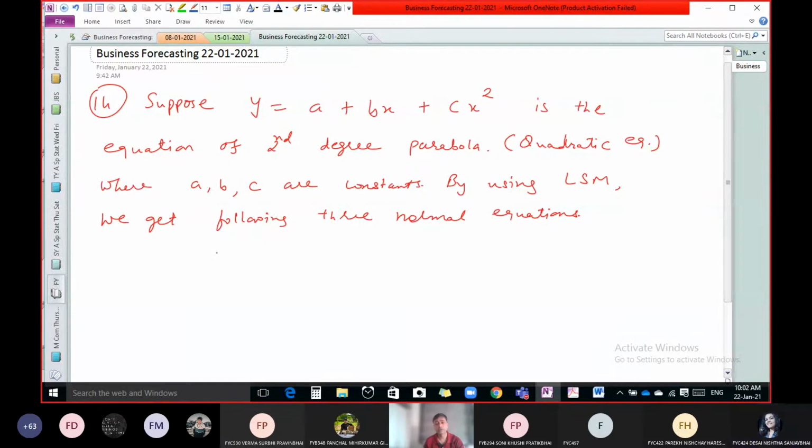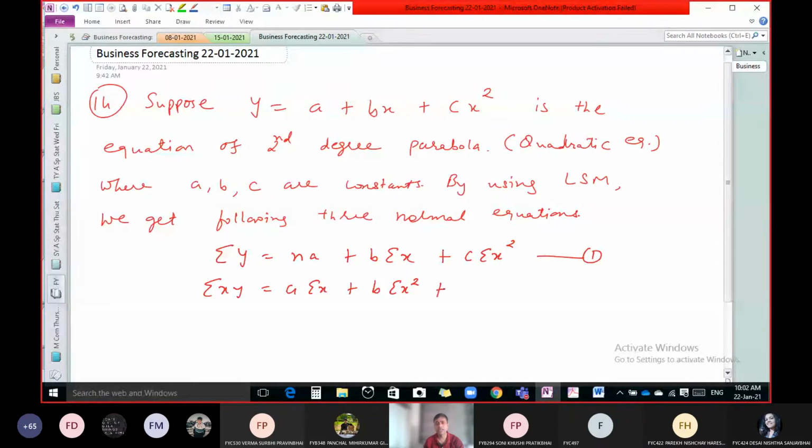One is sigma y equal to na plus b sigma x, and the second is sigma xy is equal to a sigma x plus b sigma x square. Correct. So the same thing you have to write here, but one step more in each equation. Sigma y equal to na plus b sigma x plus c sigma x square. That is our equation 1.